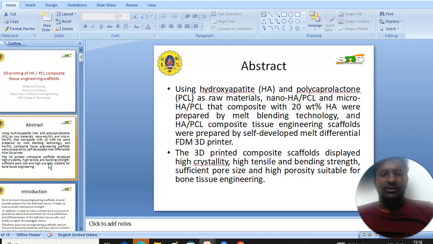It was concluded that the 3D printed composite scaffold displayed higher crystallinity, high tensile strength and bending strength, sufficient porosity and high porosity suitable for bone tissue engineering.